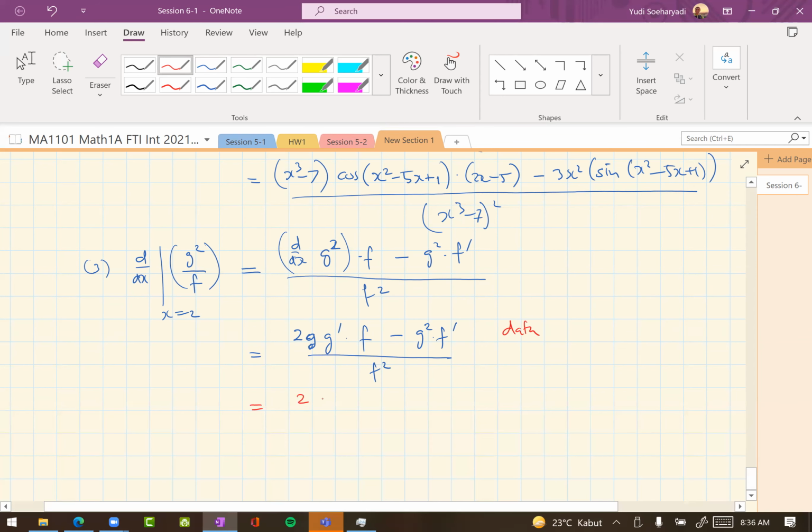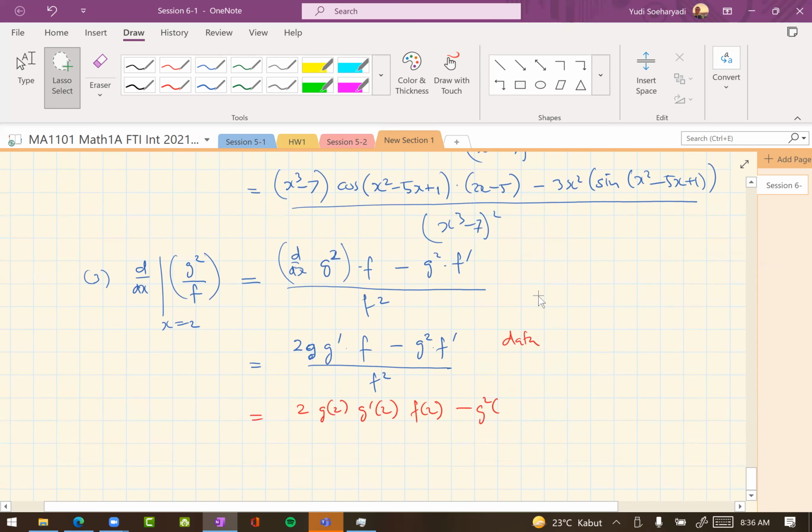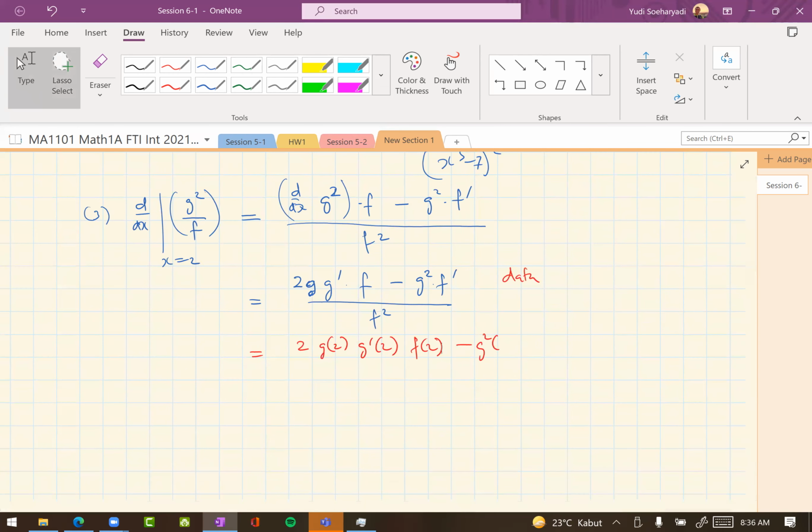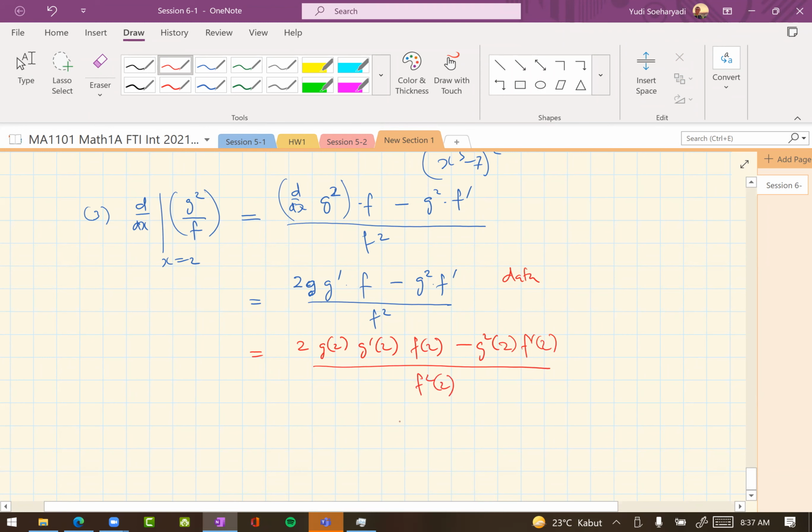What we have is 2 g of 2, g prime of 2, f of 2 minus g squared of 2, f prime of 2. Let's find out the data.